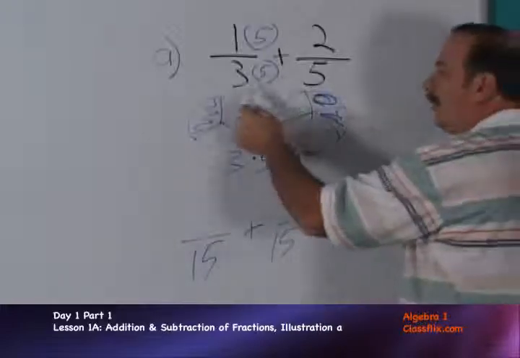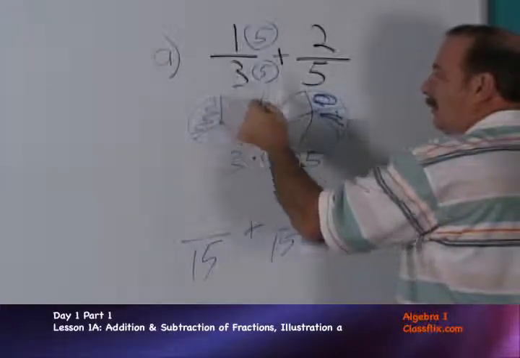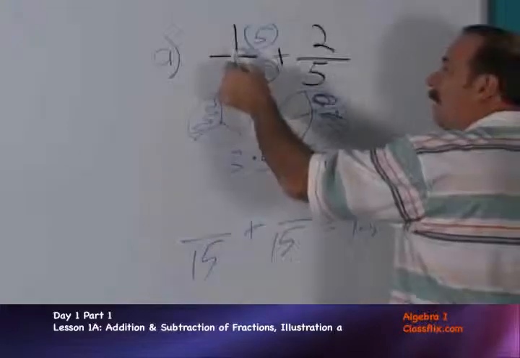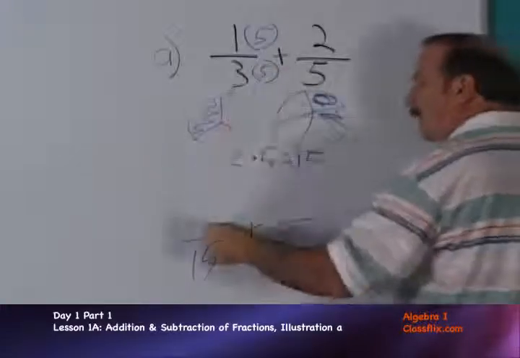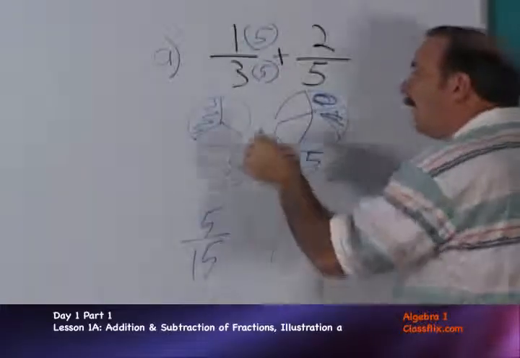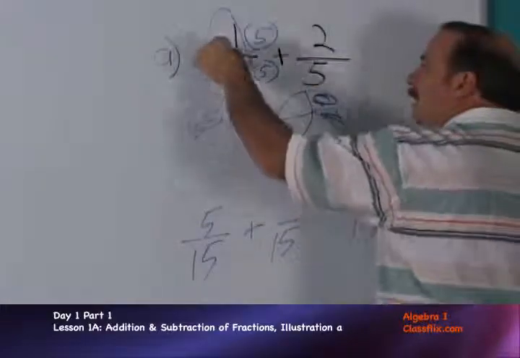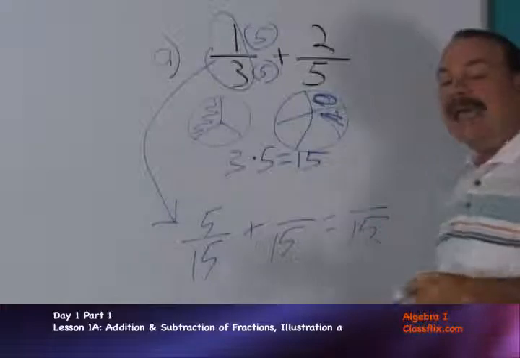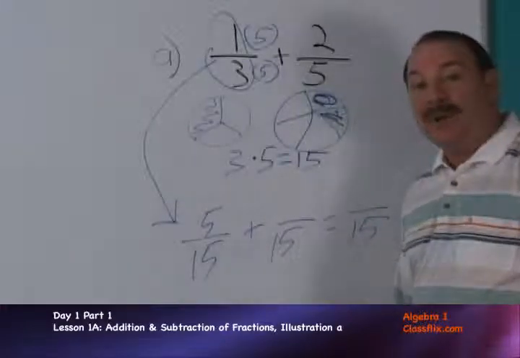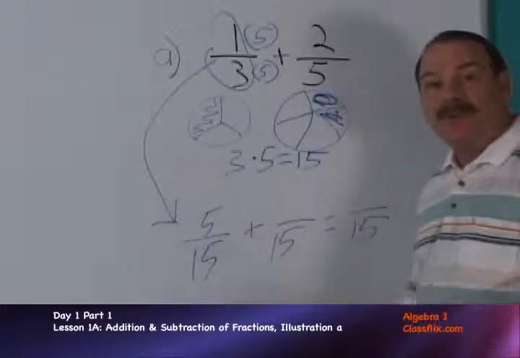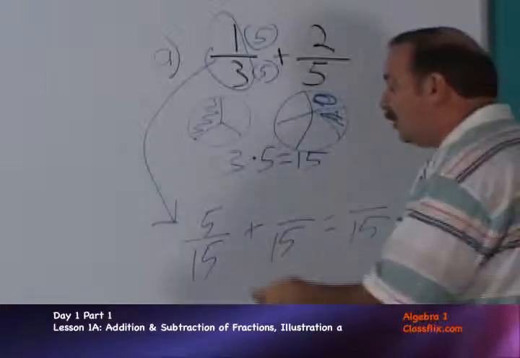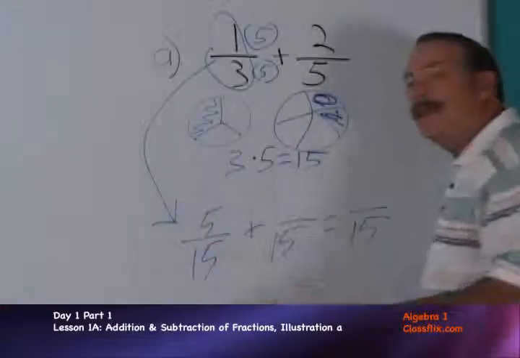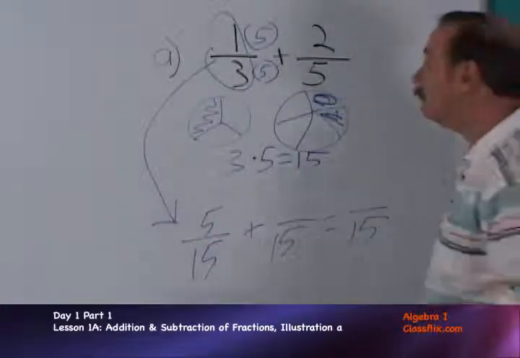If I multiply this denominator by 5, 3 times 5 gives me the 15, and multiplying the numerator by 5, 1 times 5 gives me 5, I can convert the fraction 1 over 3 into the fraction 5 over 15, and it represents the exact same number. It's the same spot on a number line. I've just changed its form because it was convenient for me.